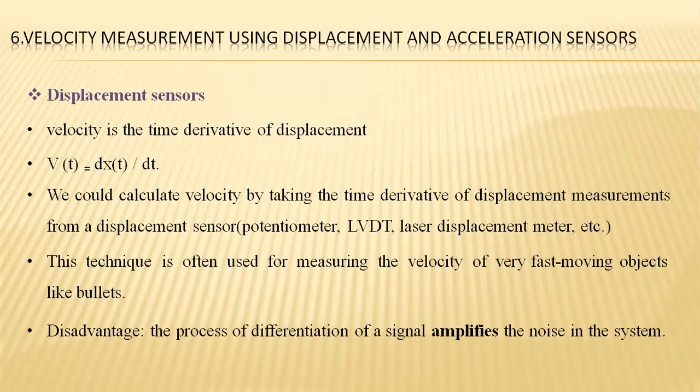Here, I have to calculate the velocity by taking the time derivative of the displacement measurements from the displacement sensor to identify the velocity constantly. This is a technique that plays a major role even in fast moving vehicles.